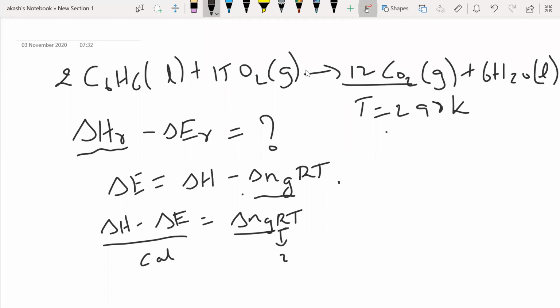You should take only gases. So on the product side I just have 12 CO2, the only gas, so it's 12 minus 15 in the reactant side, which becomes -3.